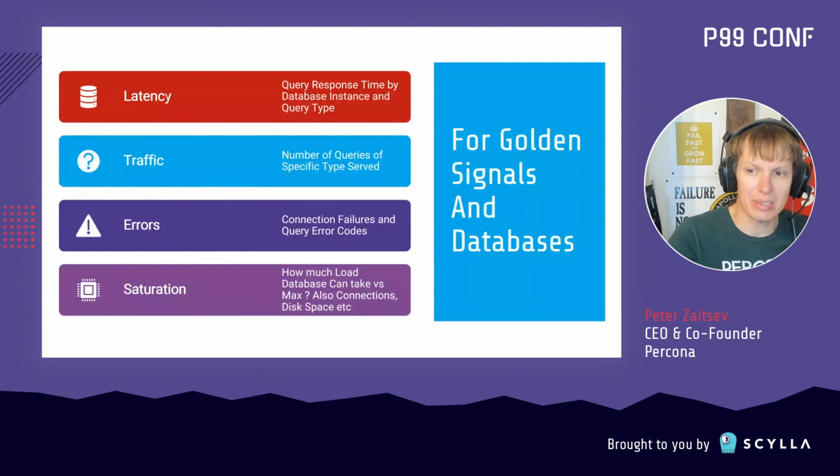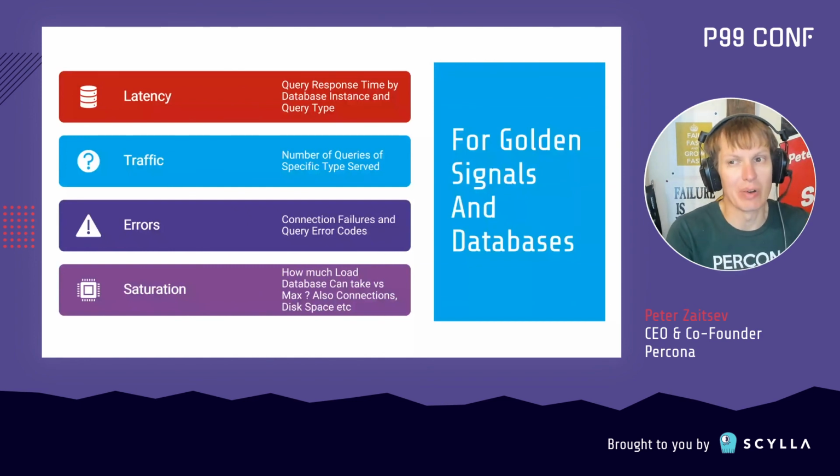And from the saturation standpoint, you can think about how much load the database can take, about throughput for a given type of queries, as well as other kinds of saturation, like number of used connections versus max connections, or the disk space used versus how much space is available. Because when you run out of those resources, well, guess what, right? Database will stop functioning, or at least some users would not be able to be serviced.